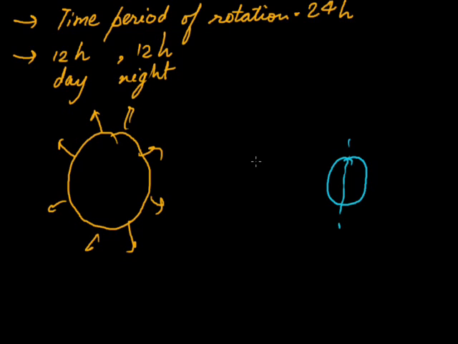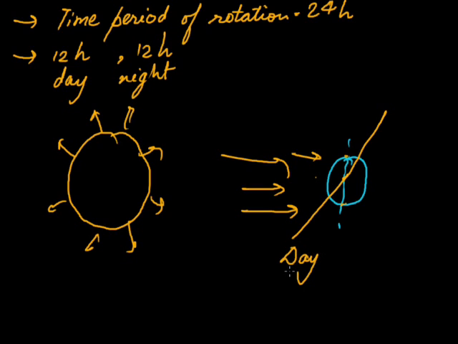That part of Earth which receives the sunlight directly, this is our rotation axis, that part has the day, and that part which is away from the sun has the night. This is the concept of how day and night form, and as the rotation time period is 24 hours, for 12 hours the day remains and for the next 12 hours the night comes.